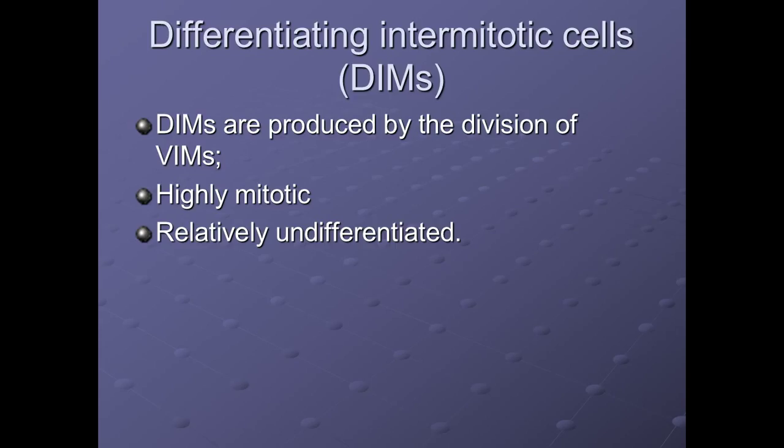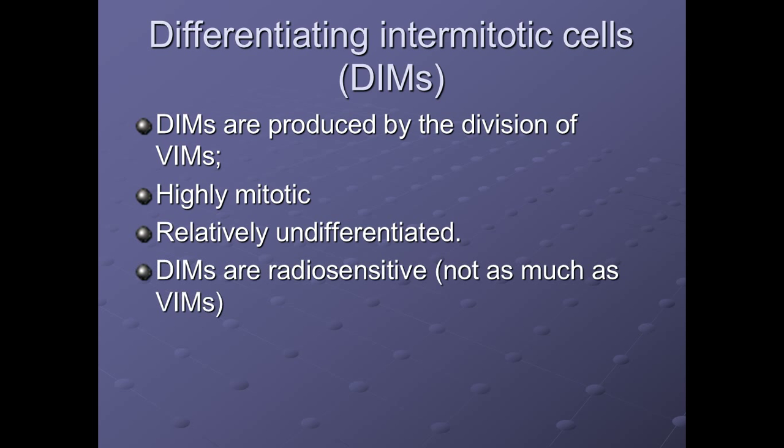So they're not as differentiated as VIMs. And they are the next tissue type of radiosensitivity. So they're still radiosensitive, but obviously not as radiosensitive as the VIMs, because of that differentiation difference. So you're looking at things like red blood cells and muscle cells.